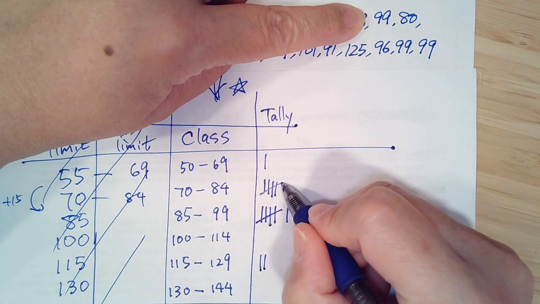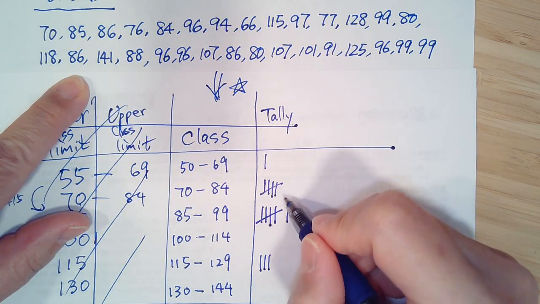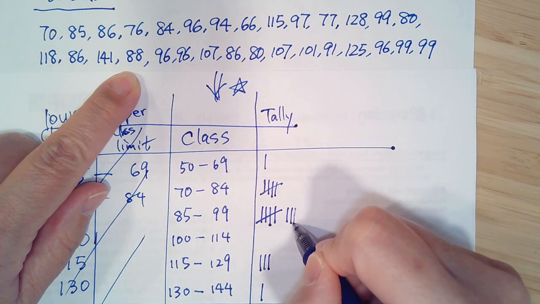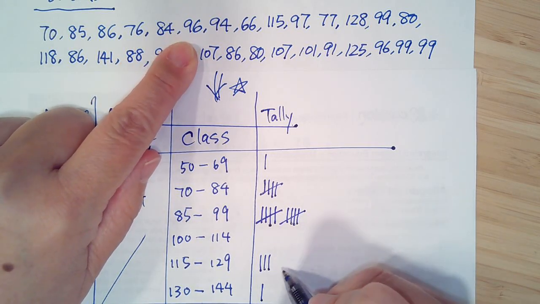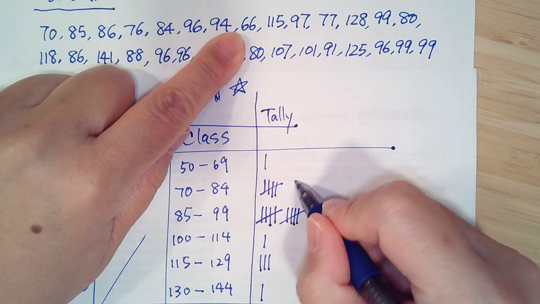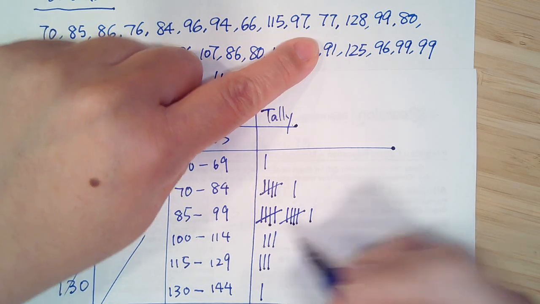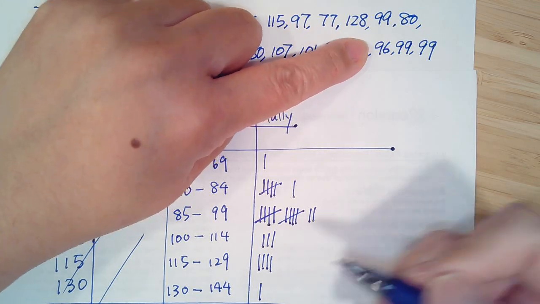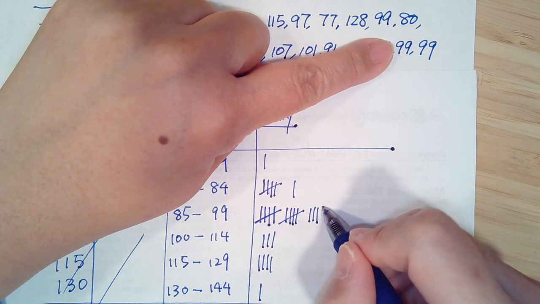And 80. 110 here. 86 is here. 141, 88, 96, 96, 107, 86, 80, 107, 101, 91. 91 is here. 125, 96. 96 is right here. And I have a 99 and a 99.